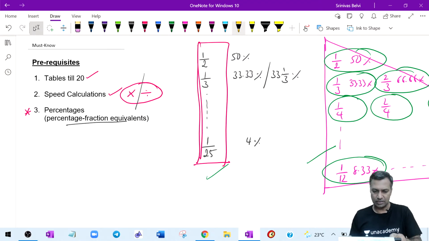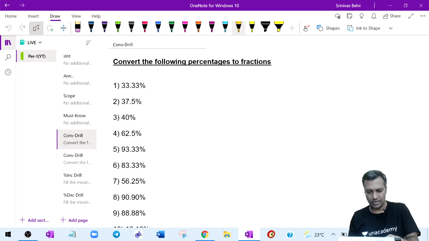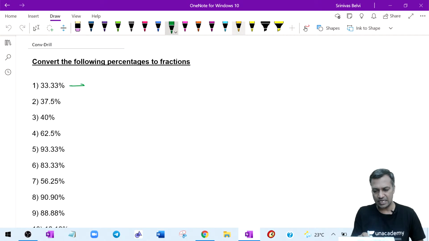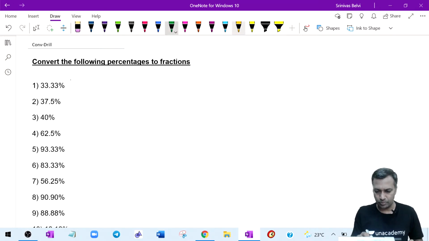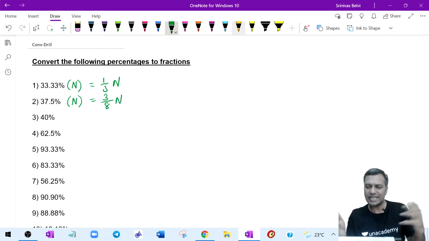All right, so what is the kind of drill I'm talking about? Something like this: if you see a number like 33.33%, I should be able to write this as 1 by 3. 33.33% of a number is nothing but 1/3 of the number. You see 37.5% of a number, I should be quickly able to write this as 3 by 8 of the number and cancel by 8.